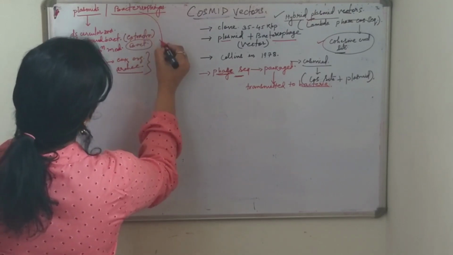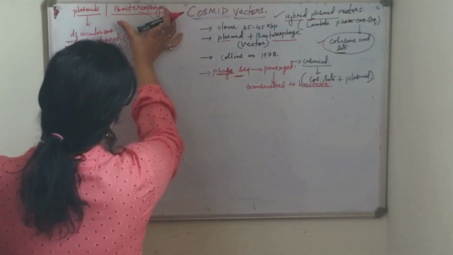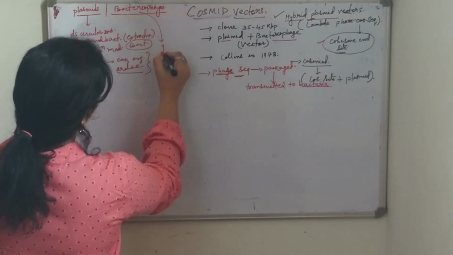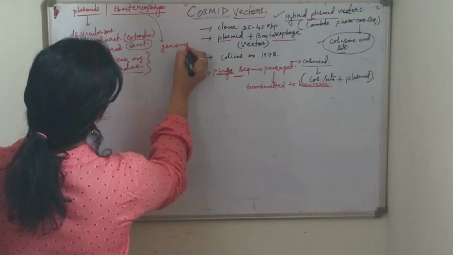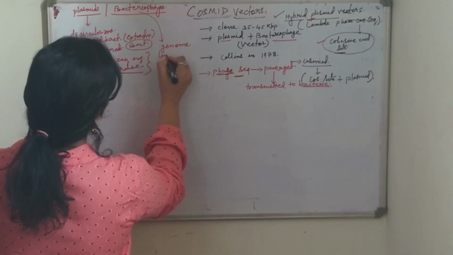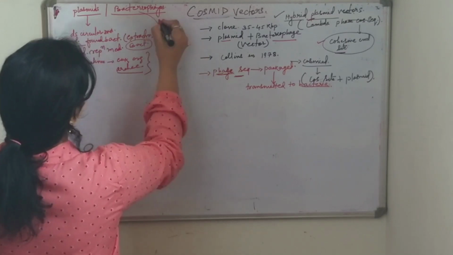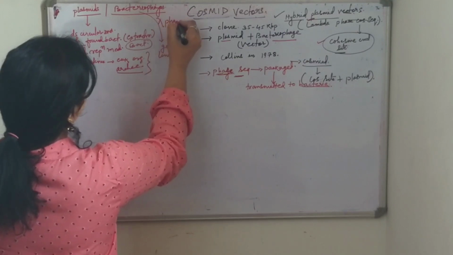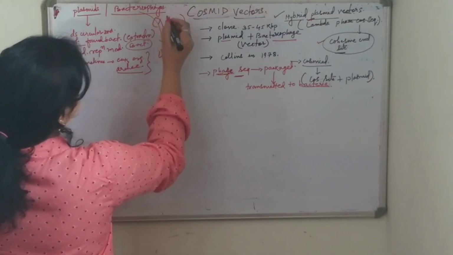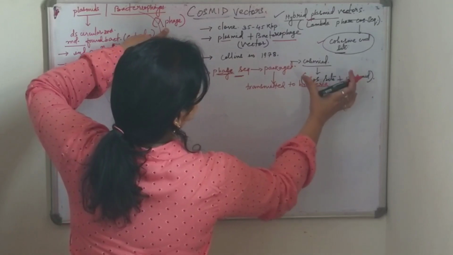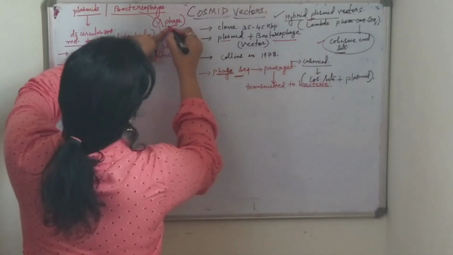Now about bacteriophages. In case of bacteriophages, the genome is linear. I am talking about the lambda phage, because here the sequences have been taken from the lambda phage vector.